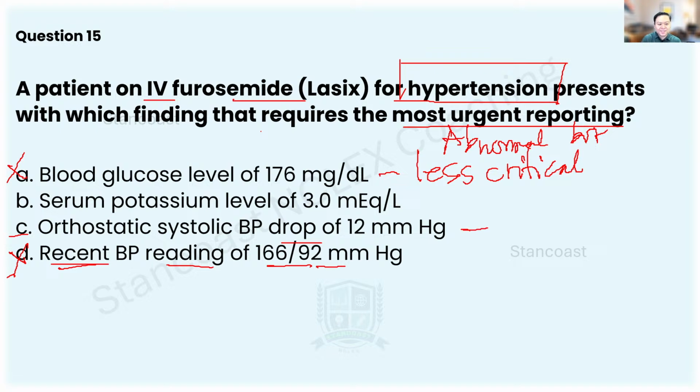Remember that the scenario is on a patient that has hypertension. So, if they're being treated with the Lasix, of course, it will cause a drop, right? Yes, it can. So will this call for a critical reporting? No, it isn't. We know that it can cause orthostatic hypotension, but is it as critical compared to letter B?